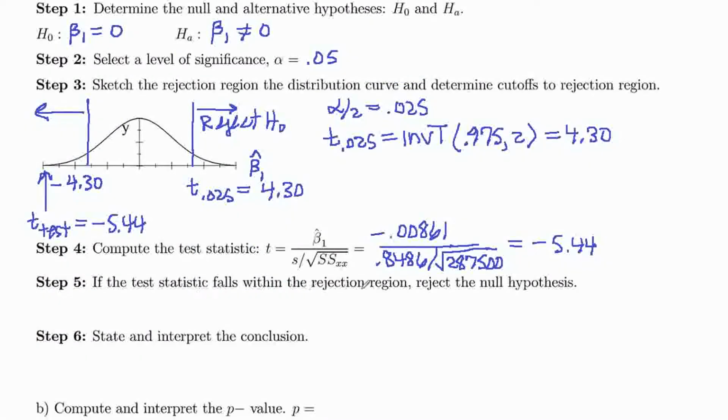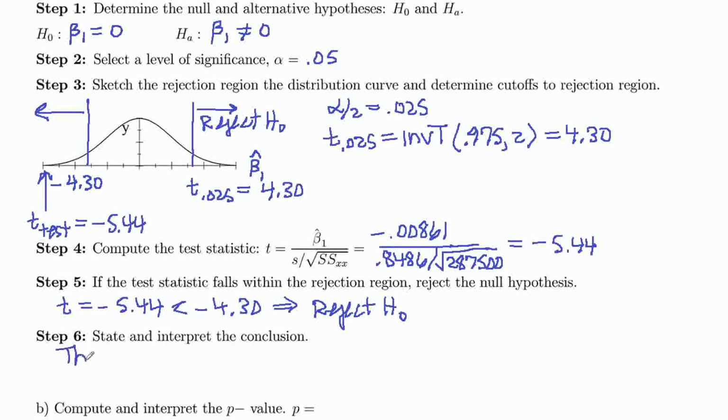And if it falls in rejection region, we reject the null. It is in one of the rejection regions. So t here, which is negative 5.44, is less than negative 4.30, which is telling us that we reject H0. And then we'll state and interpret our conclusion.